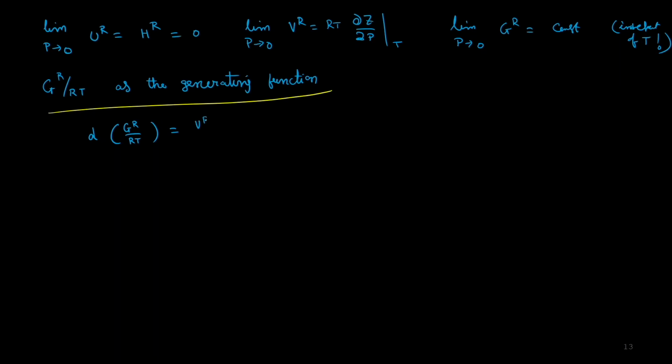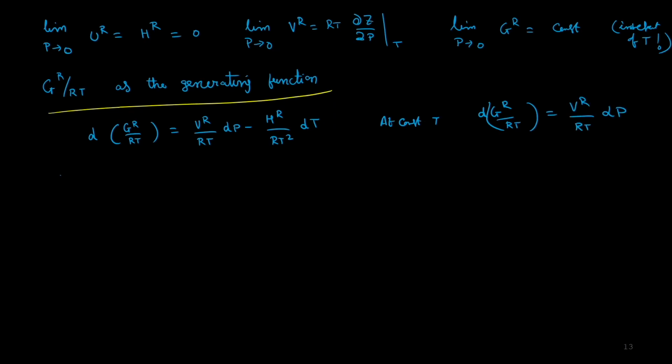It is V^R by RT dP minus H^R by RT squared dT. Right? At constant temperature, this equation simply reduces to d(G^R/RT) is V^R by RT dP.